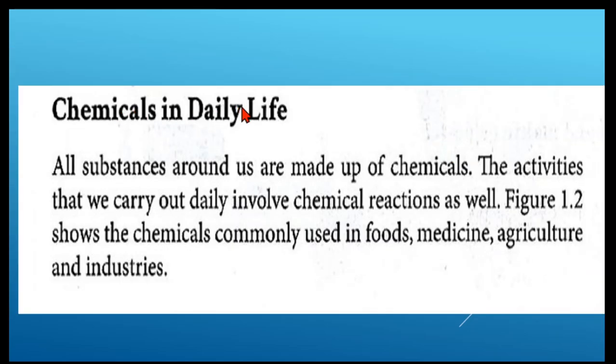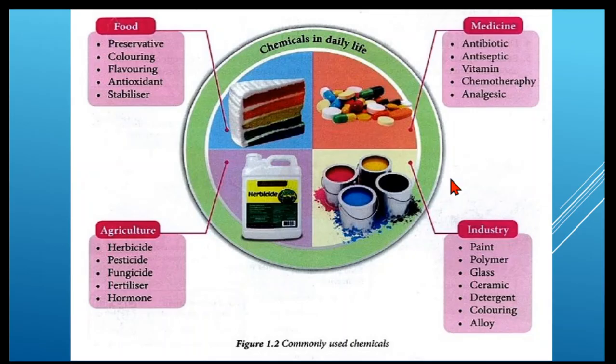Okay, chemicals in daily life. All substances around us are made up of chemicals. So this is chemicals in daily life. Food as a preservative, pengawet, coloring, flavoring, antioxidant, stabilizer. Semua itu adalah chemicals. And dalam agriculture, pertanian, herbicide, pesticide, fungicide, fertilizer, hormone.